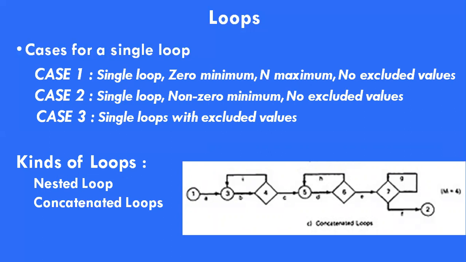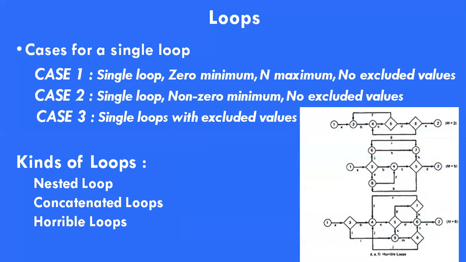Then the third kind of loops are horrible loops. Horrible loops are a combination of nested loops or the use of code that jumps into and out of loops: intersecting loops, hidden loops, and cross-connected loops.